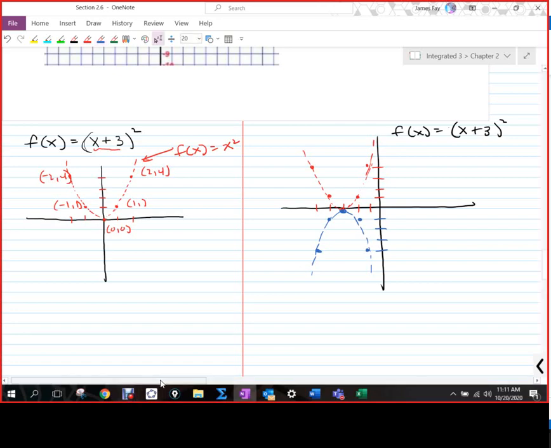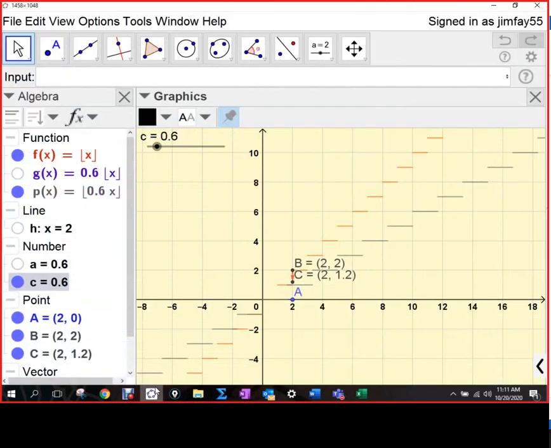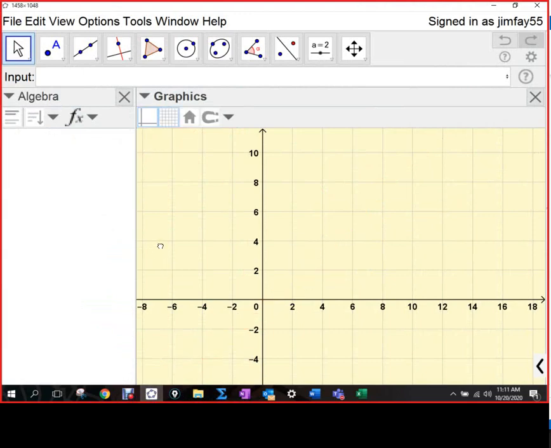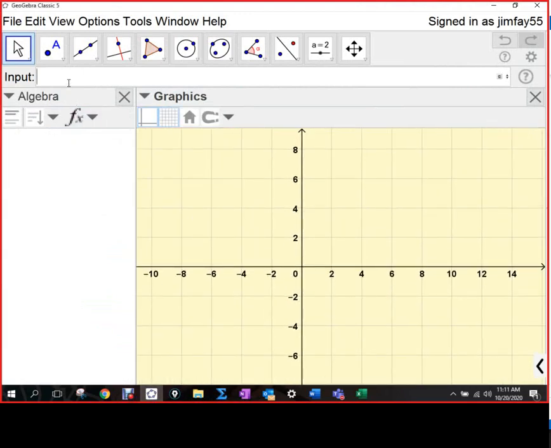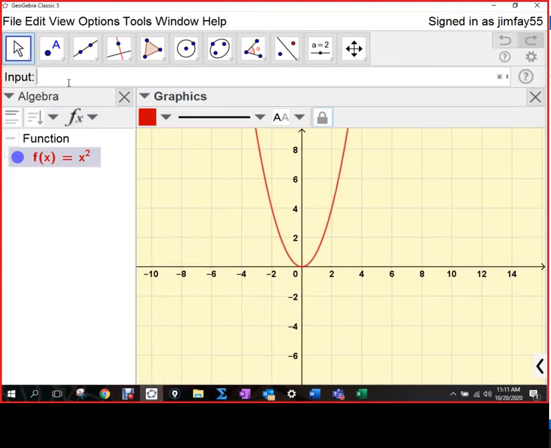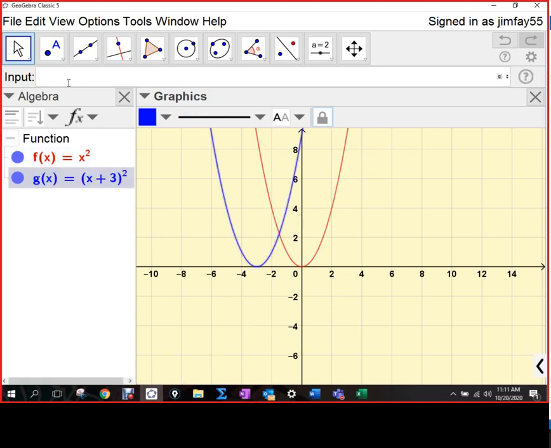Just kind of demonstrating this real quick in this program. Our parent function was x squared. Okay? If I take it and add 3 to it, it moves it over to that blue one, right? Take that blue one and multiply everything by a negative, and it reflects the blue one to become that orange one, right? Does that make sense to everybody? Okay.